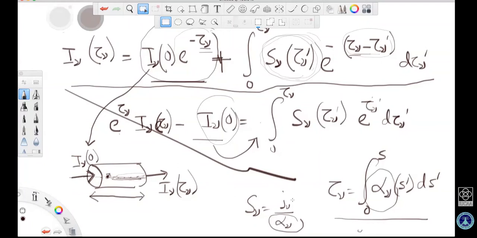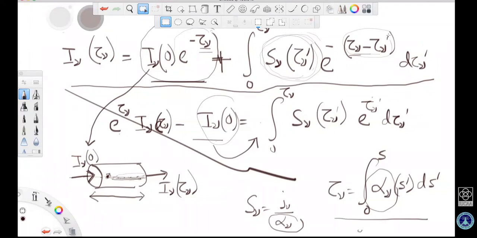But there's also another term, e to the power plus tau nu prime, which is, in the previous part, I nu 0 e to the power minus tau nu. There's no tau nu prime there, because there's no integration here, right?